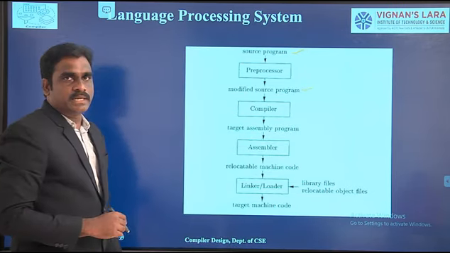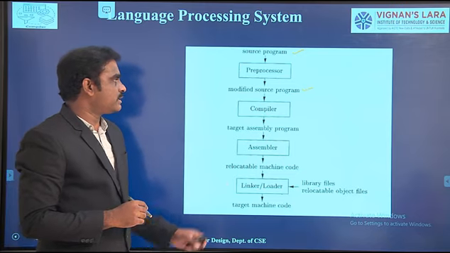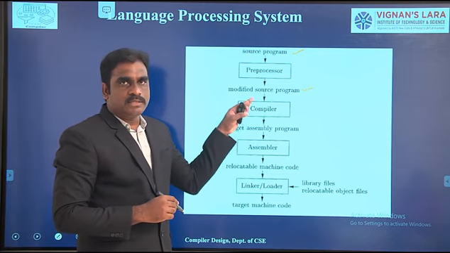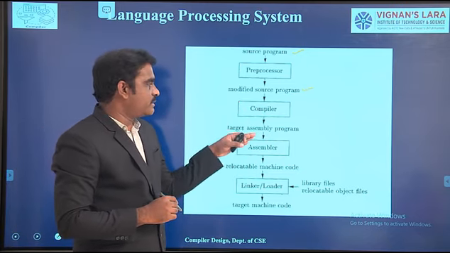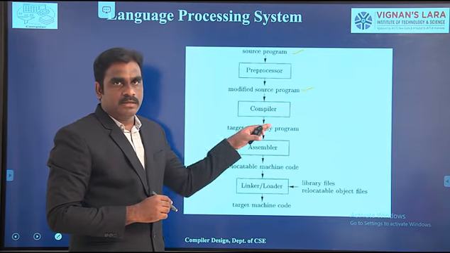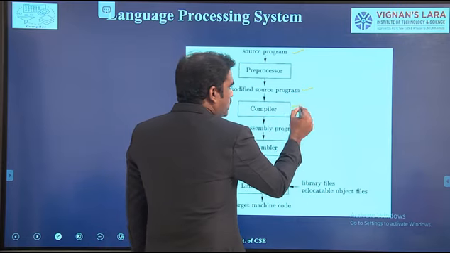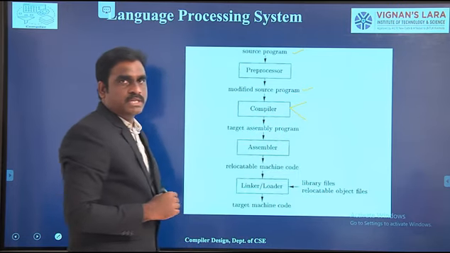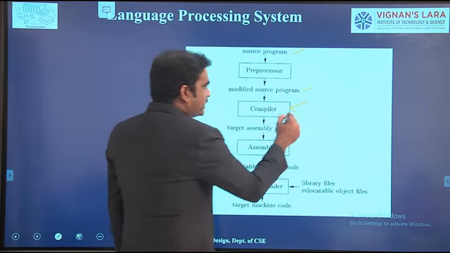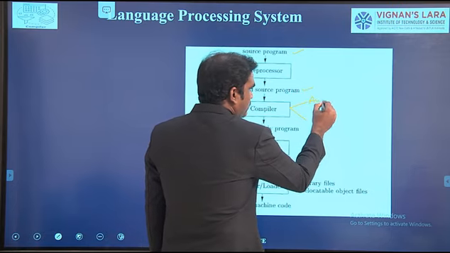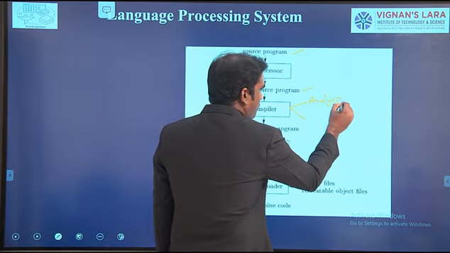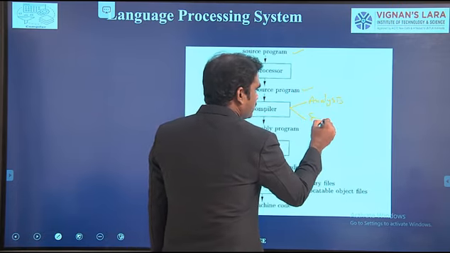And the next one is the compiler. All of you know that the compiler input is the source program and it produces the assembly language program. In the compilation process, we have two phases. One is the analysis phase and the second one is the synthesis phase.